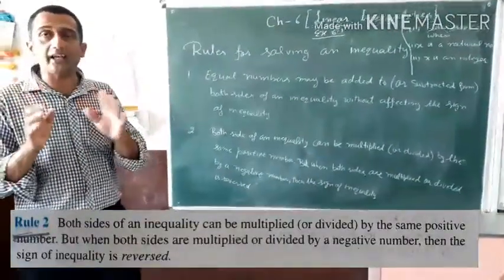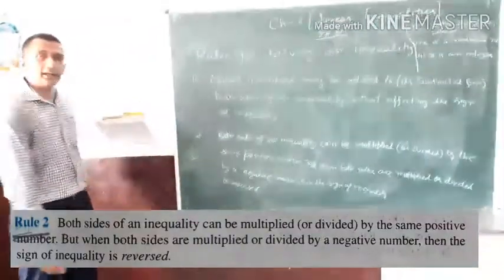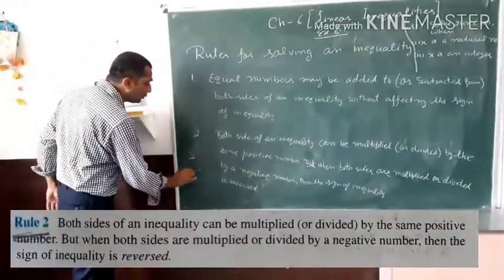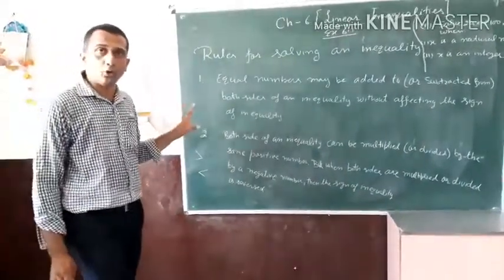So the sign of the inequality will be changed. If the inequality sign is greater than, then it will be changed to less than. So I think it is clear to all of you.